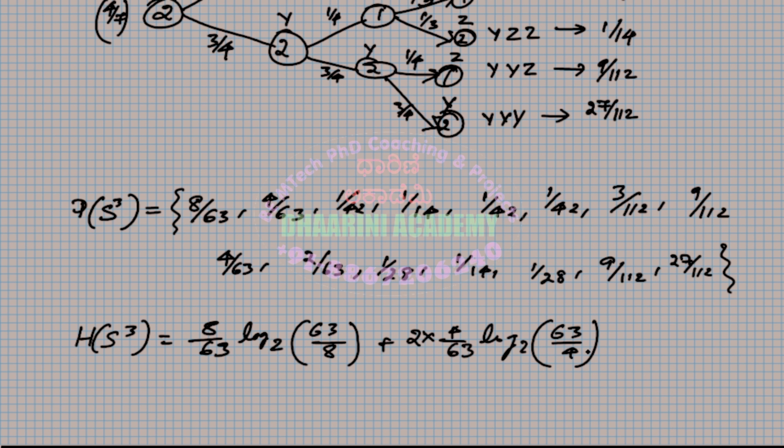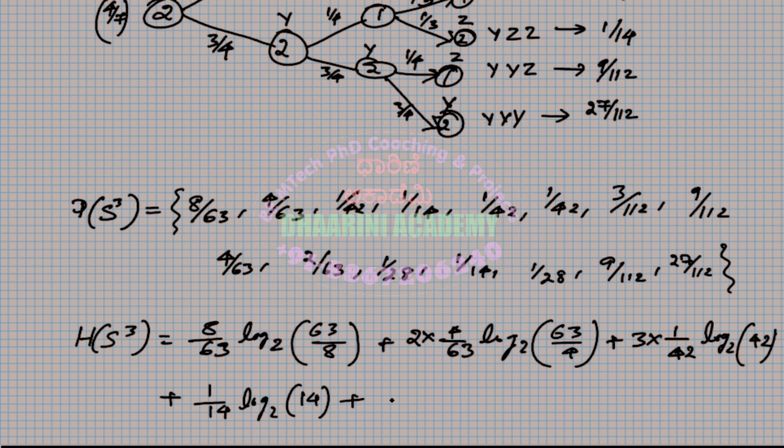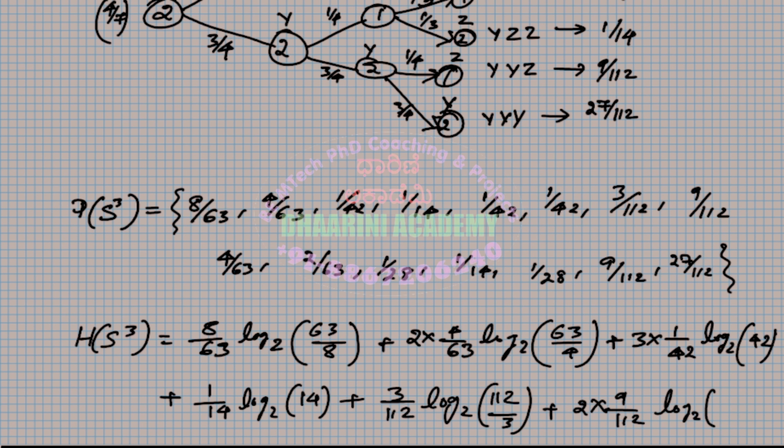Then 1 by 42, we have three, so plus 3 times 1 by 42 log to the base 2 of 42 plus 1 by 14 log to the base 2 of 14. Then we have one term, that is 3 by 112 log to the base 2 of 112 by 3, plus 9 by 112, two terms, so 2 times 9 by 112 log to the base 2 112 divided by 9.